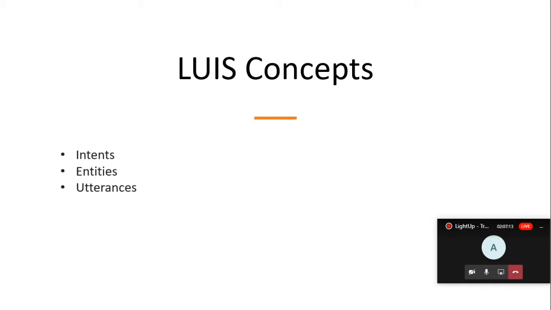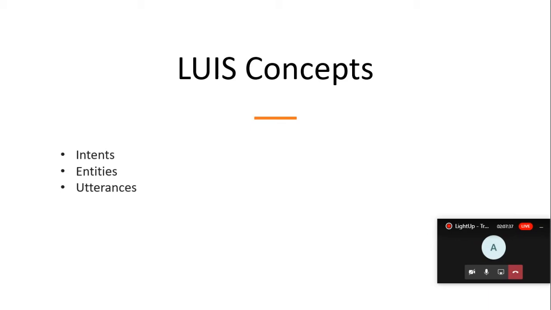Now, how will you get to know whether so-and-so is what? Whether it is a location or the name of some person. So here utterances come into place. So the utterance will tell us that so-and-so is the name of some location from where somebody wants to travel. So these are the bit theoretical part.